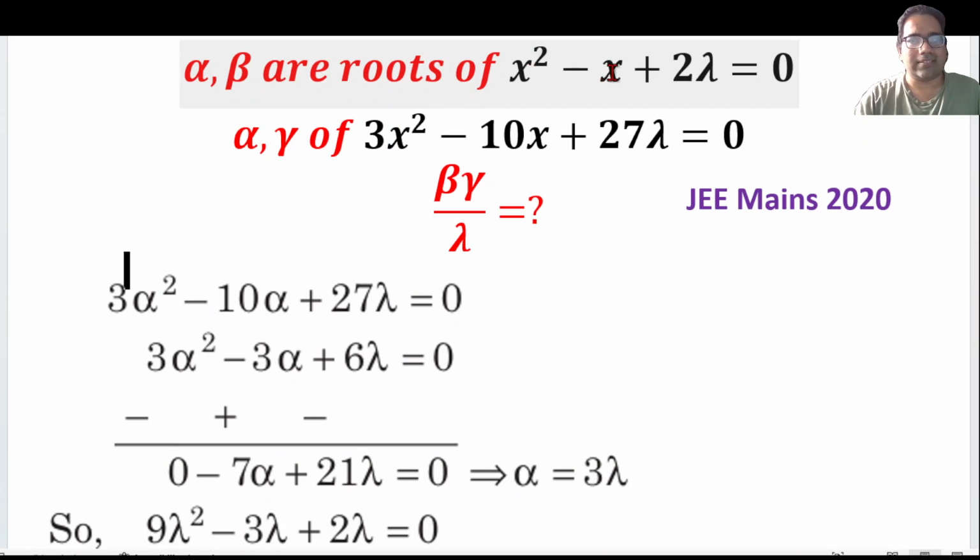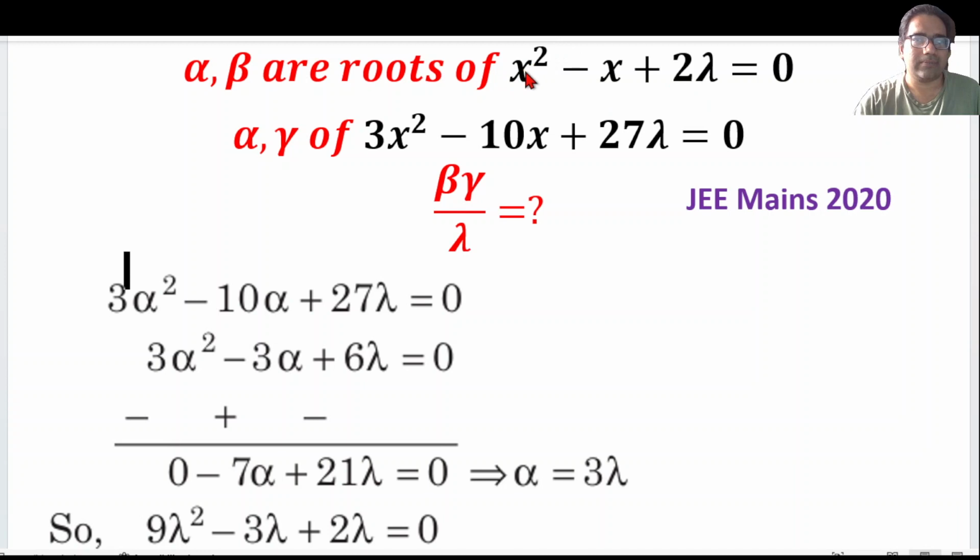Alpha square minus alpha plus 2 lambda is 0. And here 3 alpha square minus 10 alpha plus 27 lambda is 0. That is this equation. This equation, let's make it 3 times.